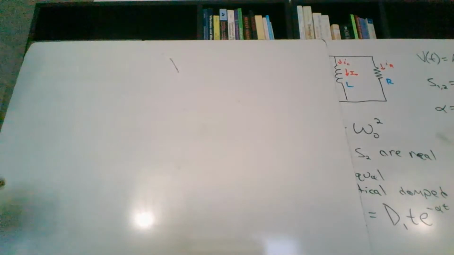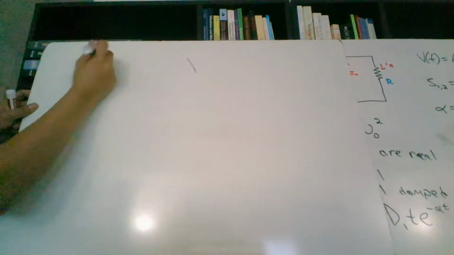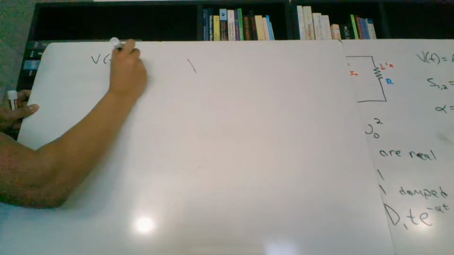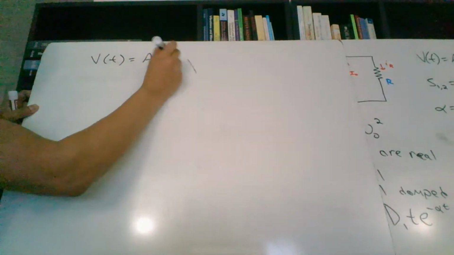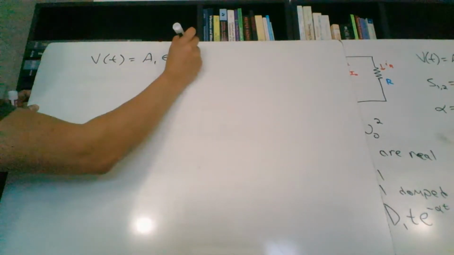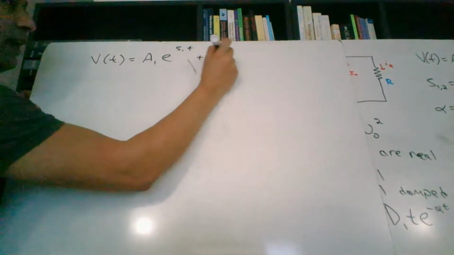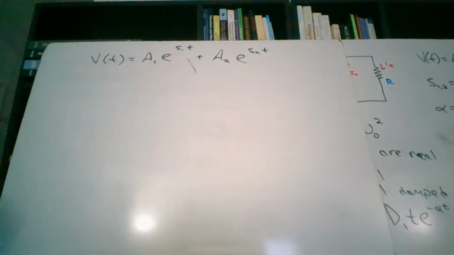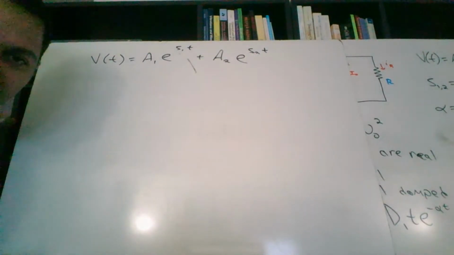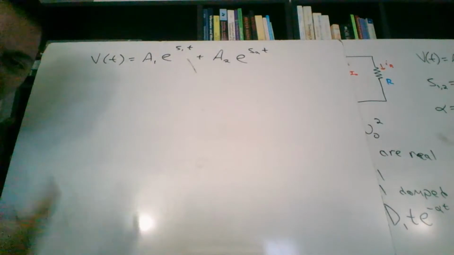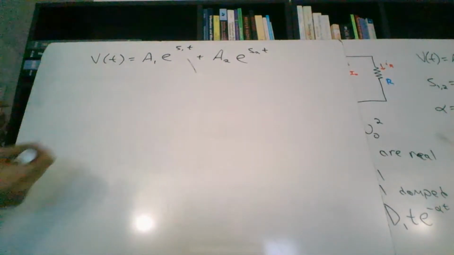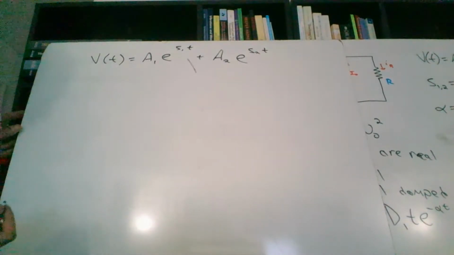All right. So let's look at the overdamped situation, okay? So in the overdamped situation, we had V as a function of t is equal to A1 e to the power S1 t plus A2 e to the power S2 times t. So that was the solution for the overdamped. And we want to know what A1 and A2 are. So how do we do that? We take the boundary condition here. So one of the boundary conditions could be the voltage at 0.